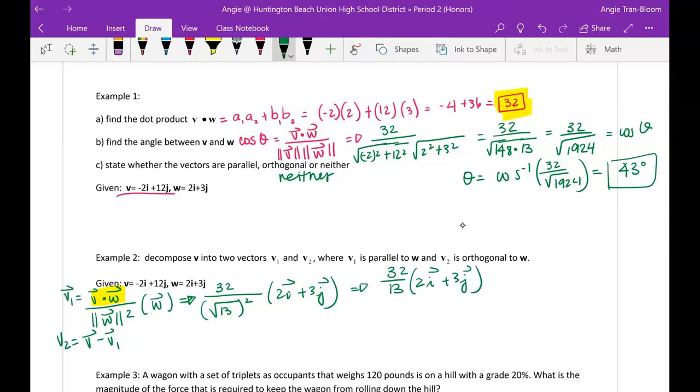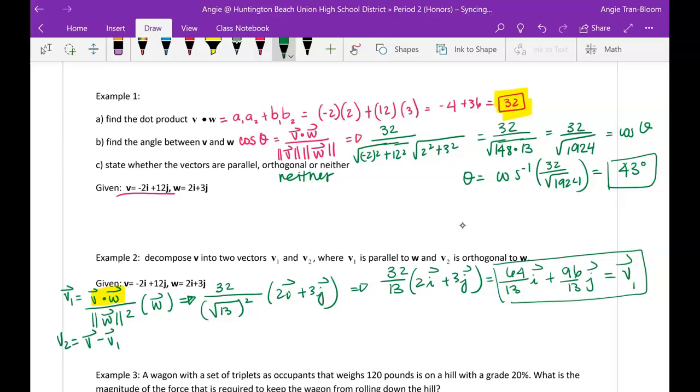Let's simplify this, so I can get V subscript 1 in a nicer way. So let's multiply 32 over 13 times 2, it's going to be 64 over 13 in the i direction, plus 32 times 3 is going to be 96 over 13 in the j direction, and this is your V subscript 1.